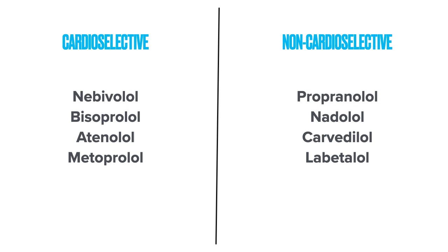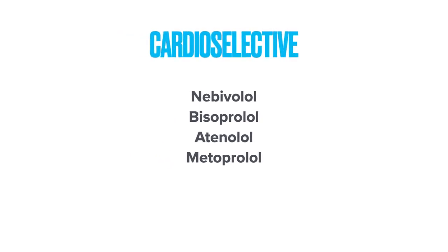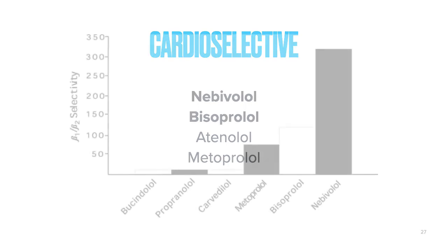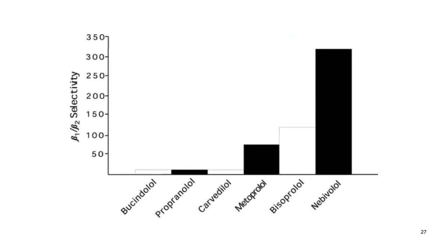First, I want to talk a little bit more about the cardioselective beta blockers: nebivolol, bisoprolol, atenolol, and metoprolol. Now, of these 4, I pretty much exclusively use nebivolol and bisoprolol, and here's why. First, when we look at the degree of cardioselectivity, there are quite wide variations between these drugs, as well shown in this chart here.